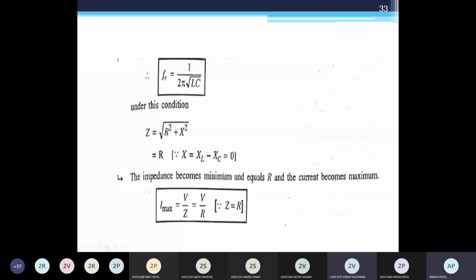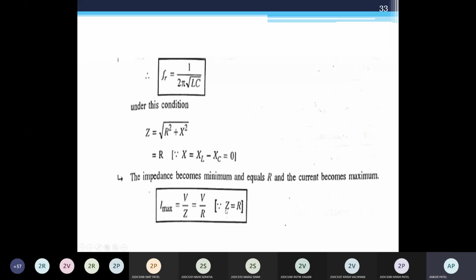But sir, Z is equal to R, so can't we use Z? But we have an RLC series circuit given, so Z is a combination of the load. Sometimes they find the square root of R square plus (XL minus XC) whole square. Yes, you are right.